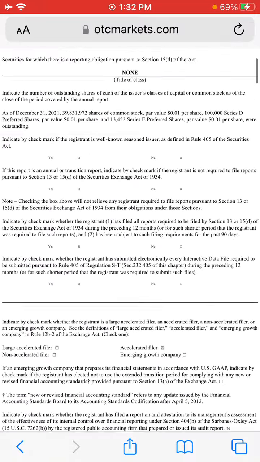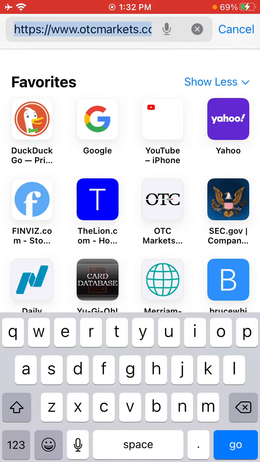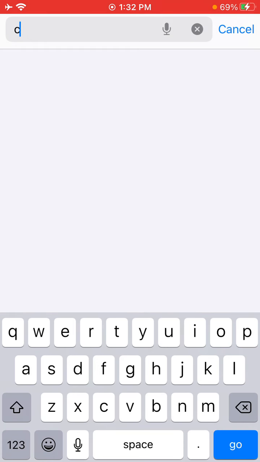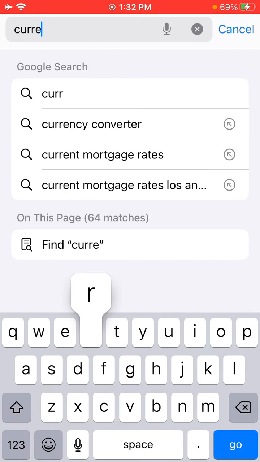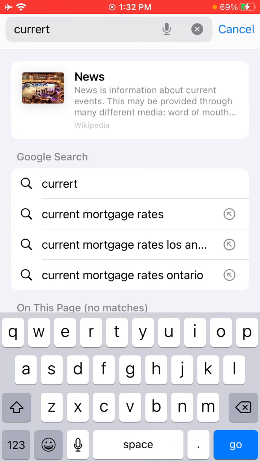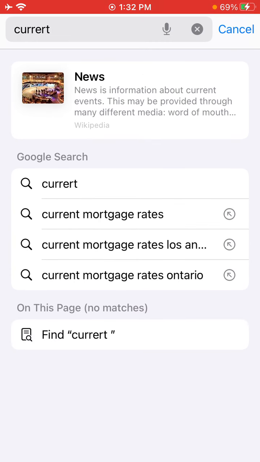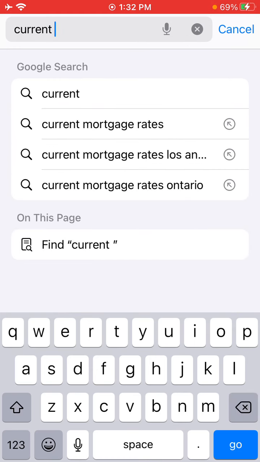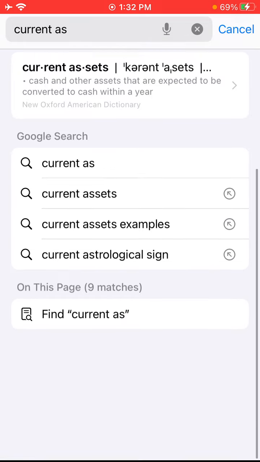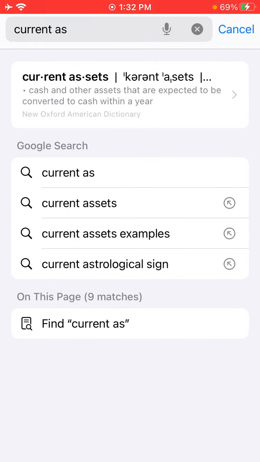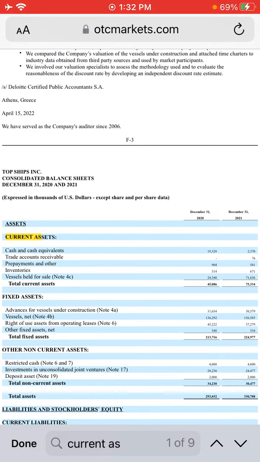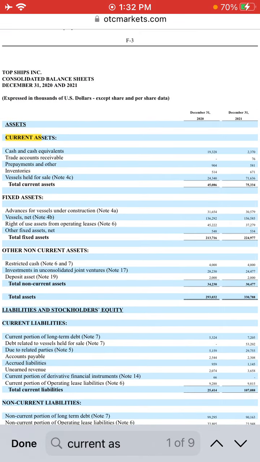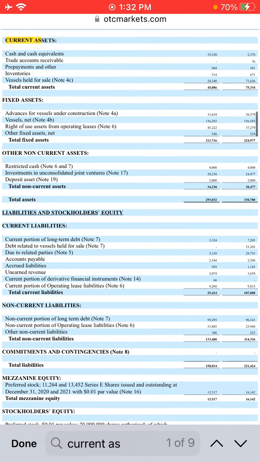So here, just to verify, I can go up here and do a word search. I'll search for current. Oh, I didn't spell it right. Current. I can start to type in assets. So here we see this is equivalent to the 10K file.